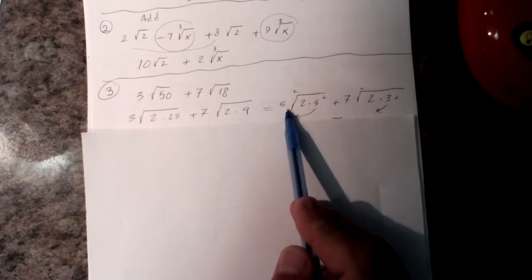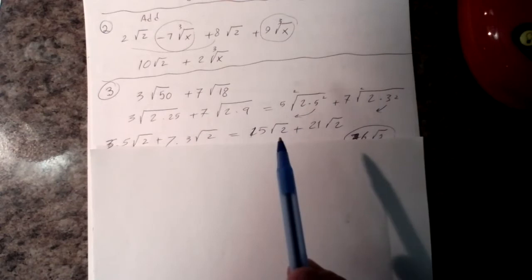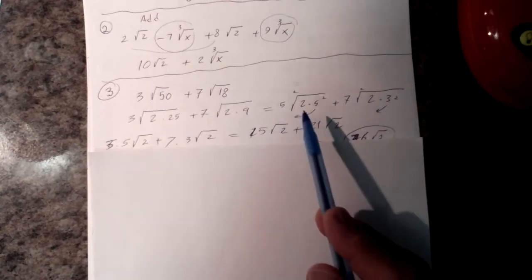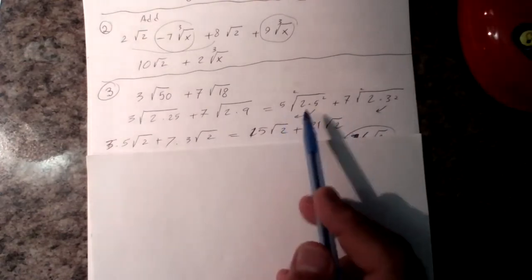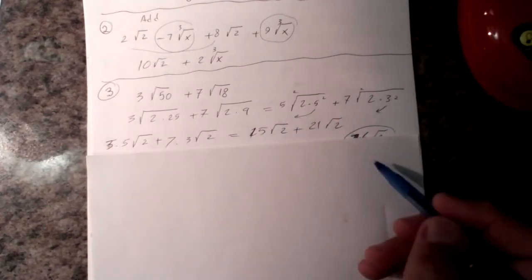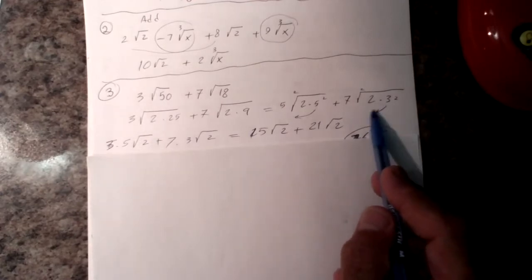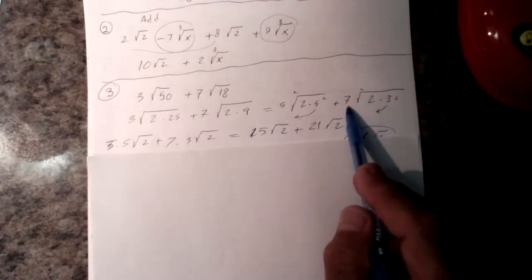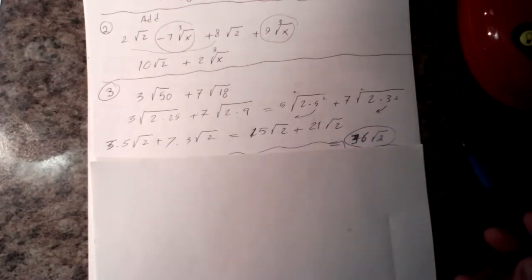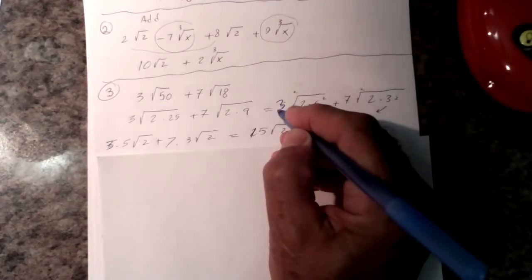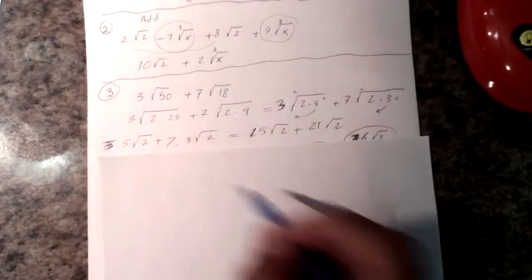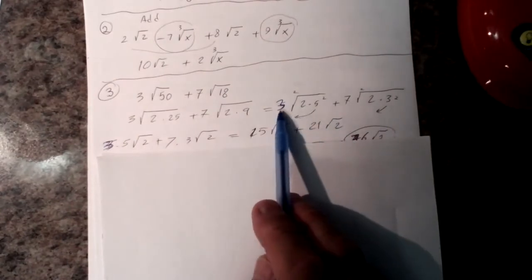When 5 comes out of the radical, there is already a 5 here. So then you multiply these two, okay? So it would be 5 and 5 is 25. And then here, 3 comes out. It should be 3 here. So when the 5 comes out, it's multiplied by 3.